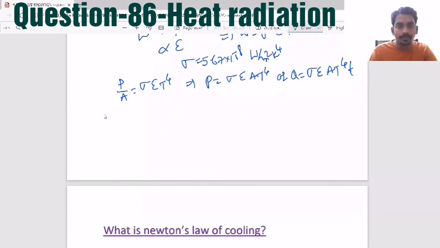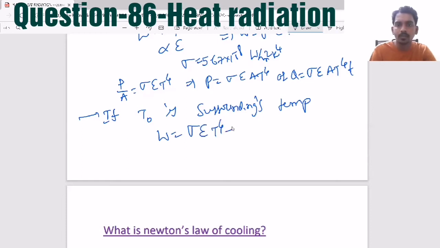But if T naught is the surroundings temperature, if they mention surroundings temperature, then you have to take the same formula as sigma epsilon T power 4 minus T naught power 4. Similarly, radiation power equal to sigma epsilon A into T power 4 minus T naught power 4.